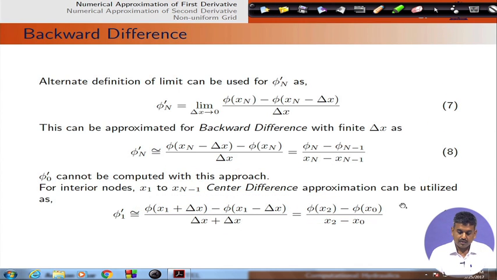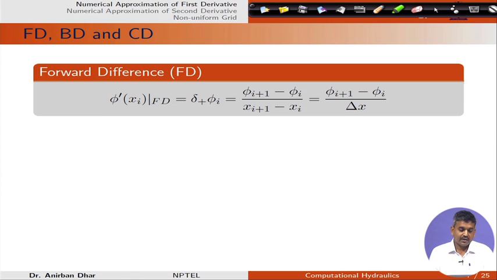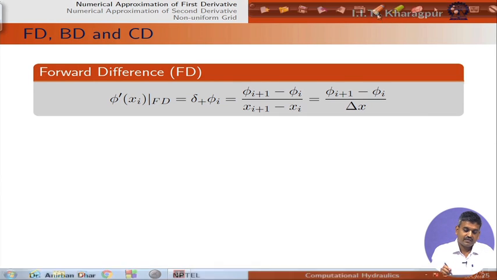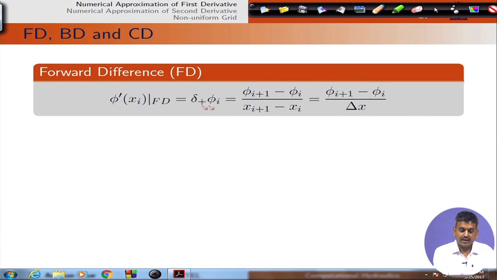In general, for any point i, we can write the forward difference as delta plus phi i, which is phi i plus 1 minus phi i divided by delta x.